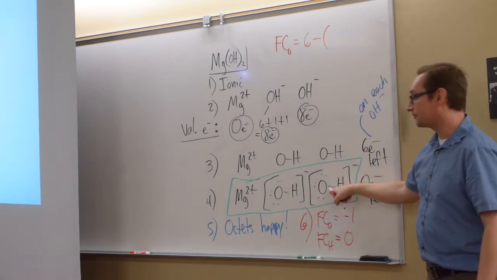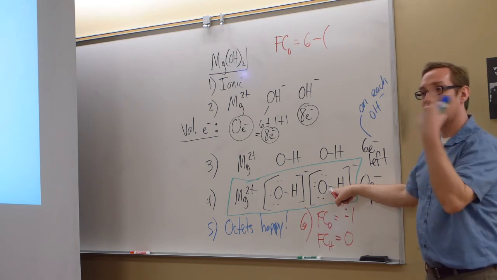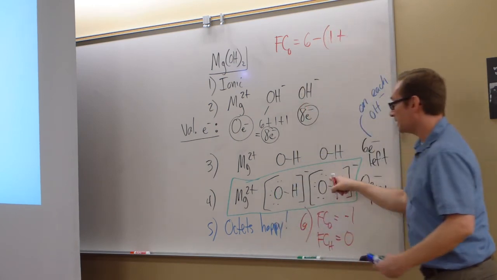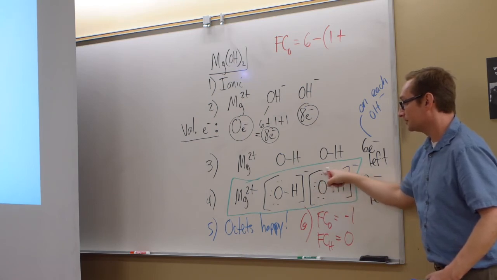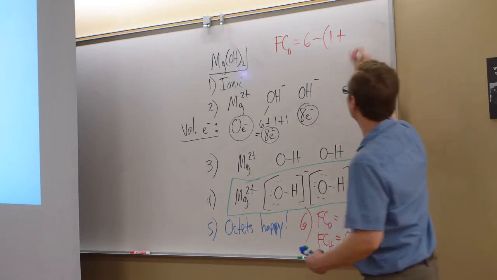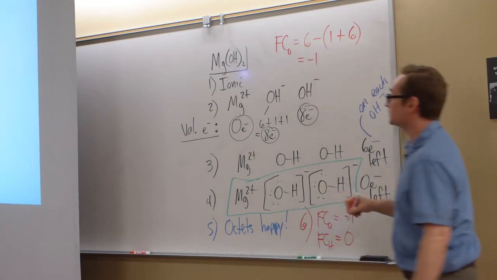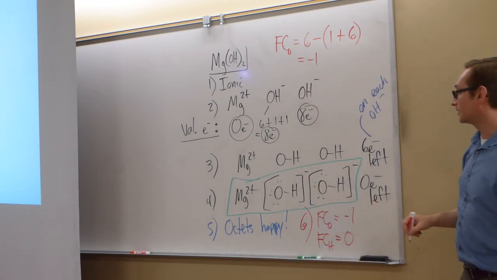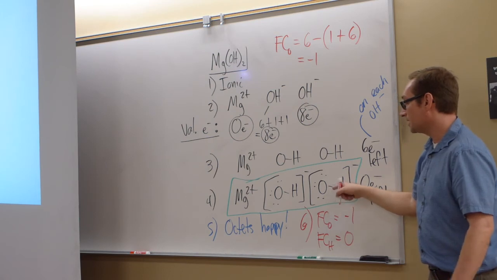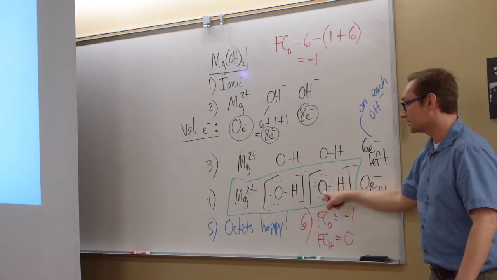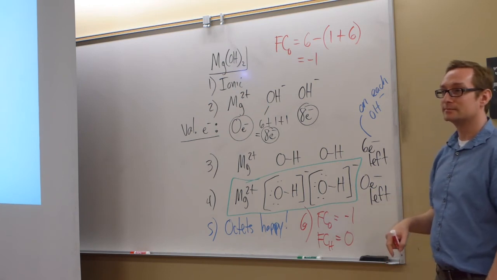How many bonds do I have to oxygen here? 1. How many dots do I have on the oxygen? 6. So 6 minus 7 is -1. I'm taking the group number minus 1 plus 6, which gives me 7.